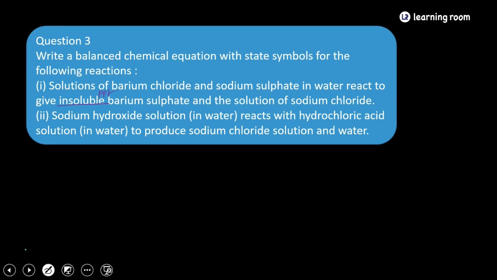Solution of barium chloride, BaCl2 aqueous, and then sodium sulfate, Na2SO4 aqueous. When they react, it will give BaSO4 as a precipitate plus a solution of sodium chloride, aqueous.